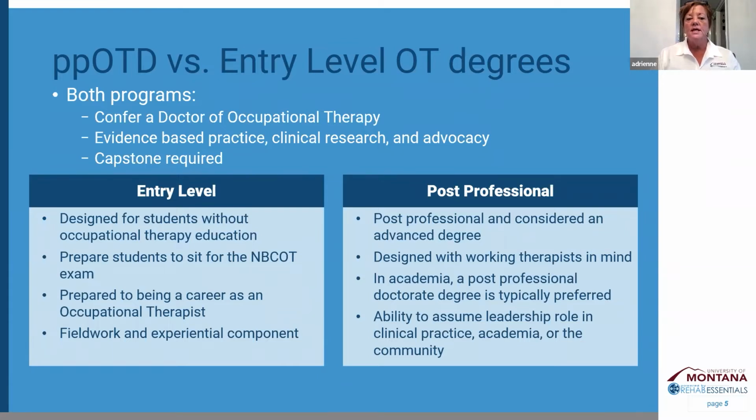Entry level, again, is preparing for a career in OT. There's fieldwork involved in it, and there are experiential components. The post-professional OTD degree, for all of you, would be perhaps for someone who is already in academia or is seeking a terminal degree and a doctorate in order to teach.